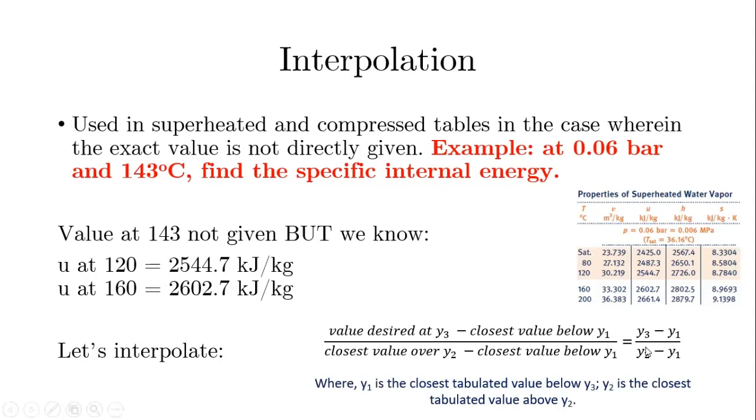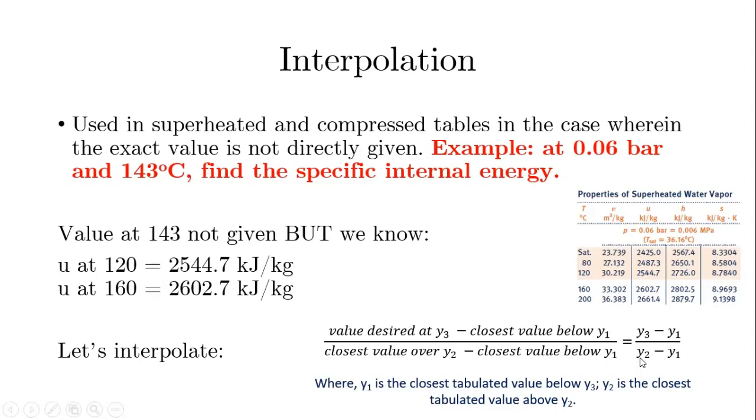The value that I want at Y3, in this case at 143, I subtract the closest value below, Y1, which is 120, and divide by the closest value above, 160, minus the closest value below, 120. Then I equate that to Y3, which I know is 143 degrees Celsius.